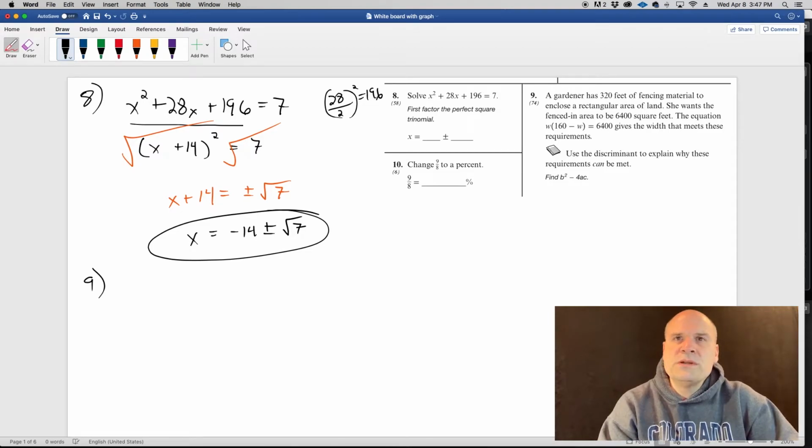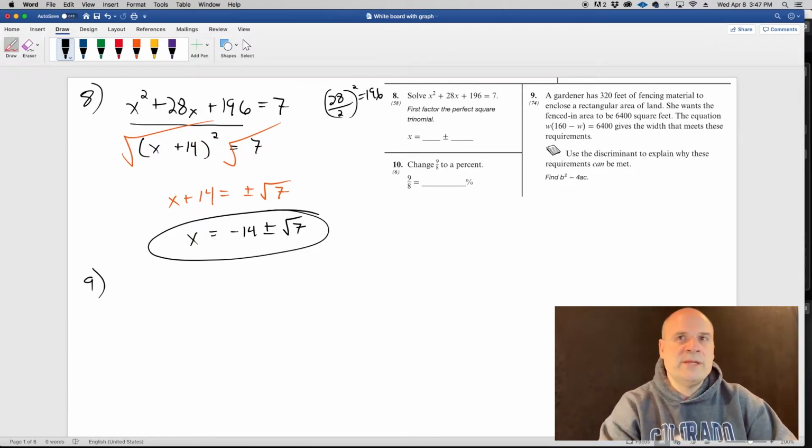A gardener has 320 feet of fencing material to enclose a rectangular area of land. She wants the fenced-in area to be 6,400 square feet. The equation W times (160 minus W) equals 6,400 gives the width that meets these requirements. So W stands for width.